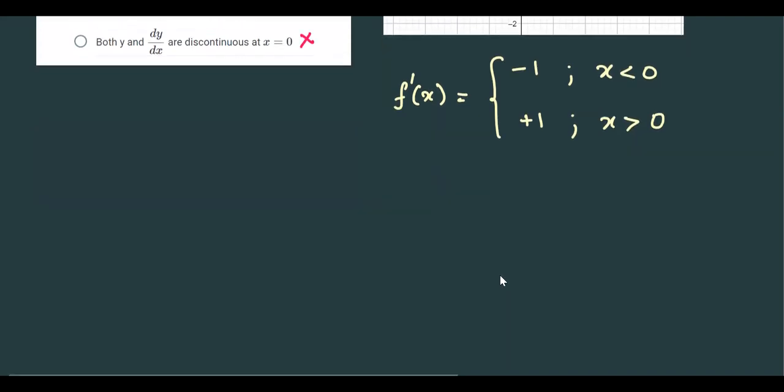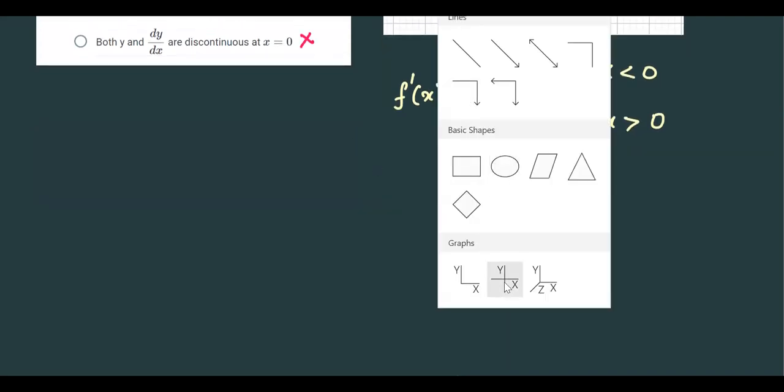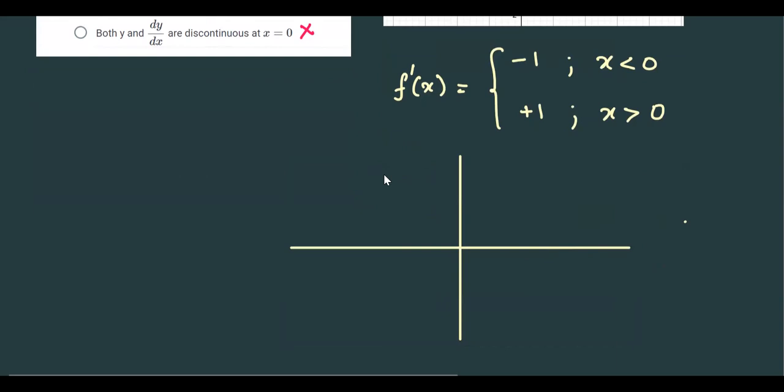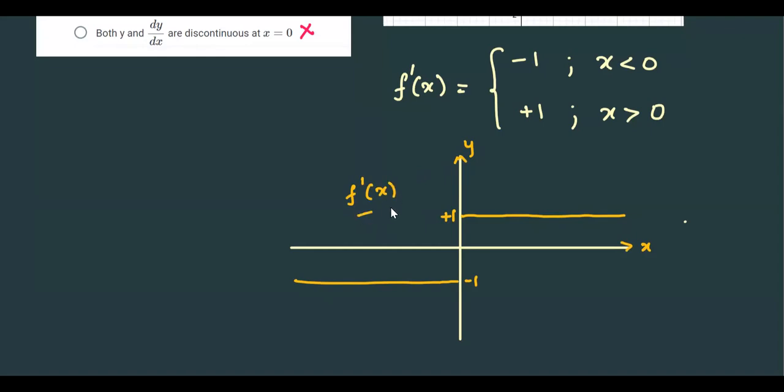So when I draw the graph for this function, f dash x, it will be +1 for x greater than 0, and it will be -1 for x less than 0. This is the graph of f dash x. So f dash x is discontinuous.